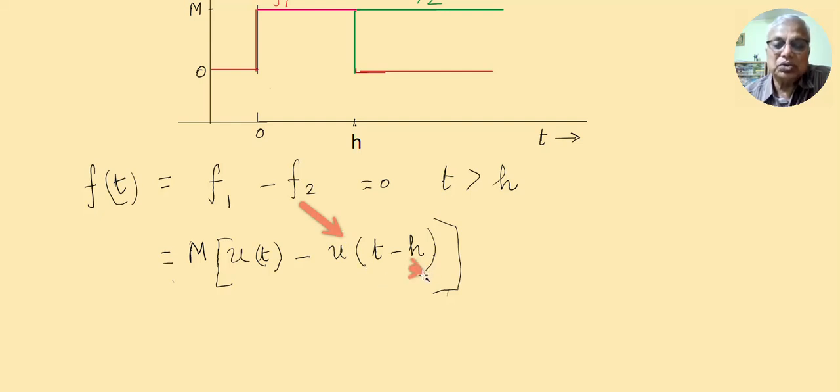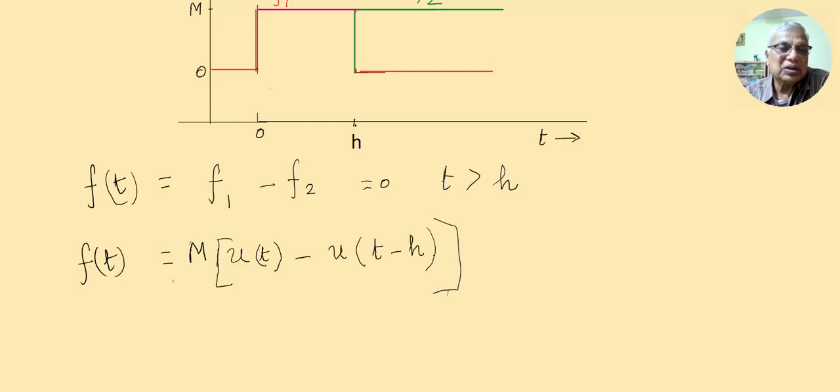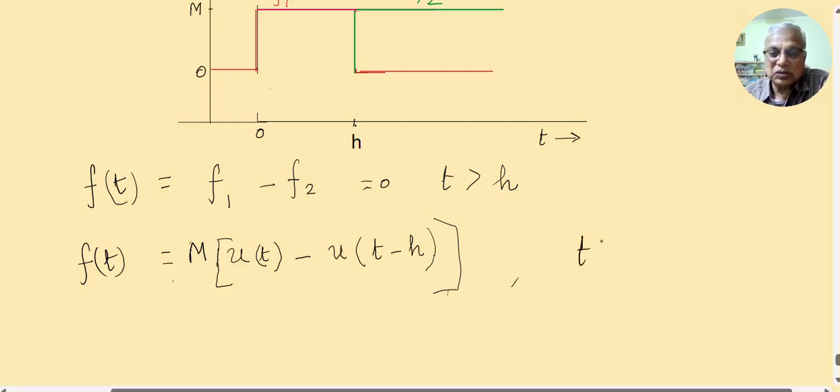So it is u of t minus h. Translation of function. And this is the equation for t greater than h.